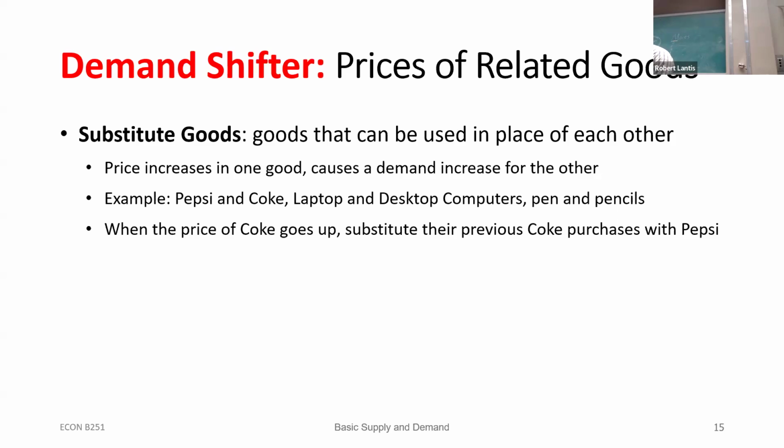It's going to go down. So I get this decrease if I'm looking at the market for Coke. There's two different products, right? I can only look at one market at a time. A change in the price of Pepsi in the market for Pepsi will just move me to a different point on the demand curve. In the market for Coke, a change in the price of Pepsi shifts the demand curve, because it's a substitute good.